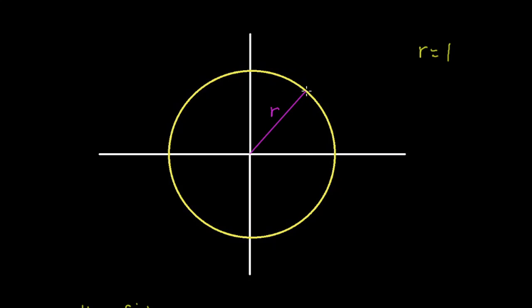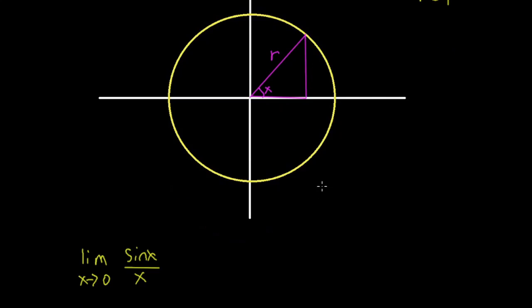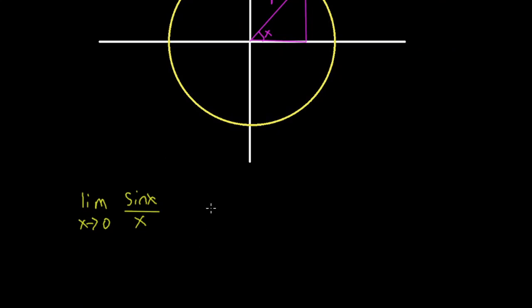And I can draw a line down here, extending from here to the x-axis. I have to extend another line here. And of course, we call that angle x, because the angle is x here.